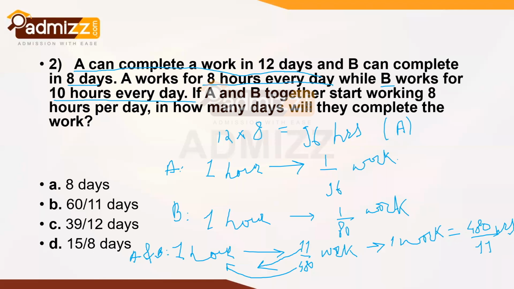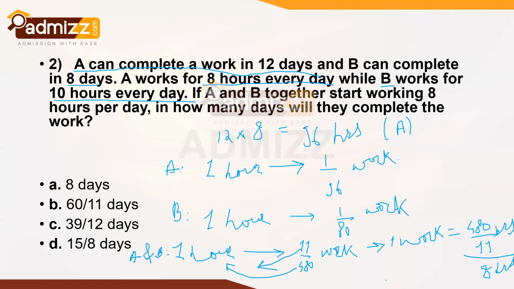So this is fairly simple as well. So now if they work for 8 hours in a day, they will require this entire thing, which is in hours, divided by 8 hours, right? Divided by 8 hours, because they are using 8 hours per day, right?